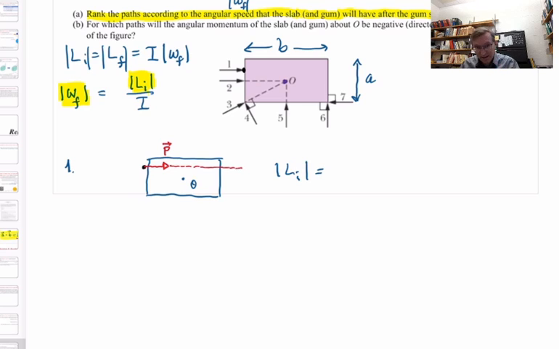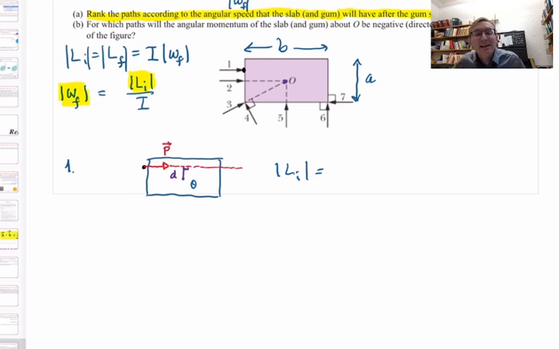Now in this case, I only need the magnitude of R cross P, and the handy way to think about that is to take the magnitude of P times the moment arm, just like you would for torque. And the moment arm is the perpendicular distance from O to this line of action of P right there. Let me just call that distance little d.